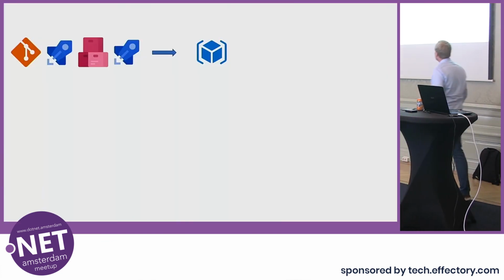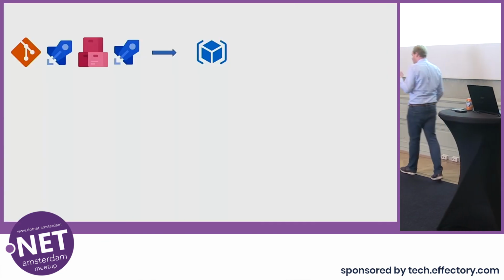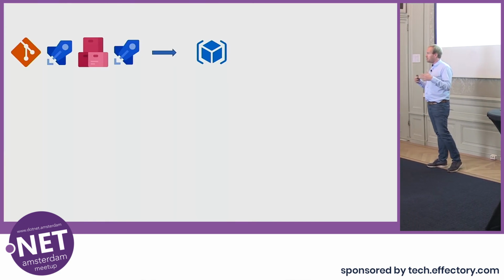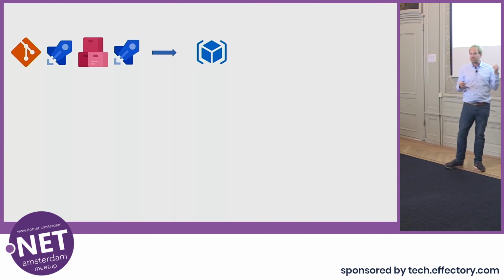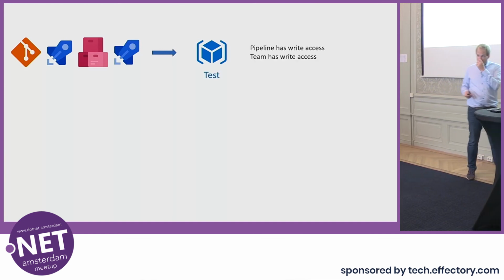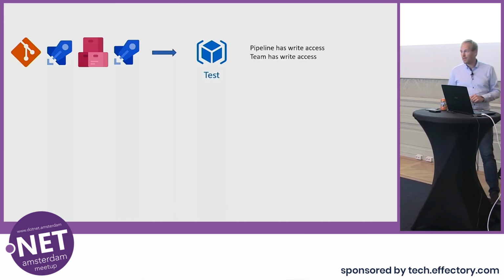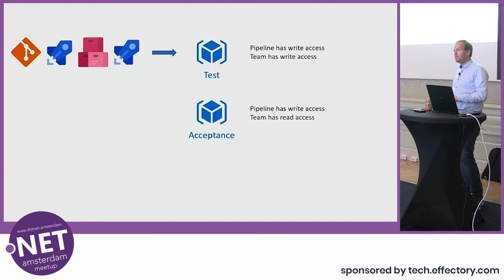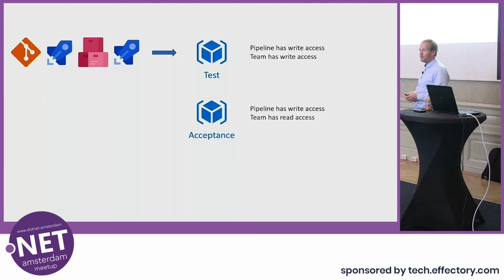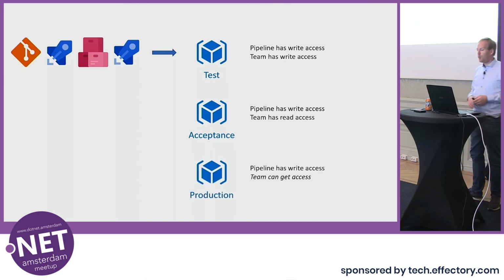And so when it comes to authorization, often people ask, which authorizations should I assign to people? As a developer, I take this stance. For the test environment, everybody should be able to do everything. That means people and my deployment pipeline. For my acceptance environment, my pipeline is the only one with write access, and people should only be able to read things, to verify things. And in production, nobody should have standing access to a production environment.